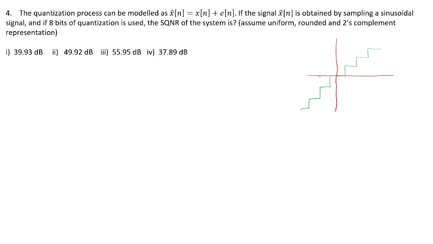On the x-axis you have the amplitude of the input continuous-time signal, and you have these discrete levels here: delta, 2 delta, 3 delta, like that.